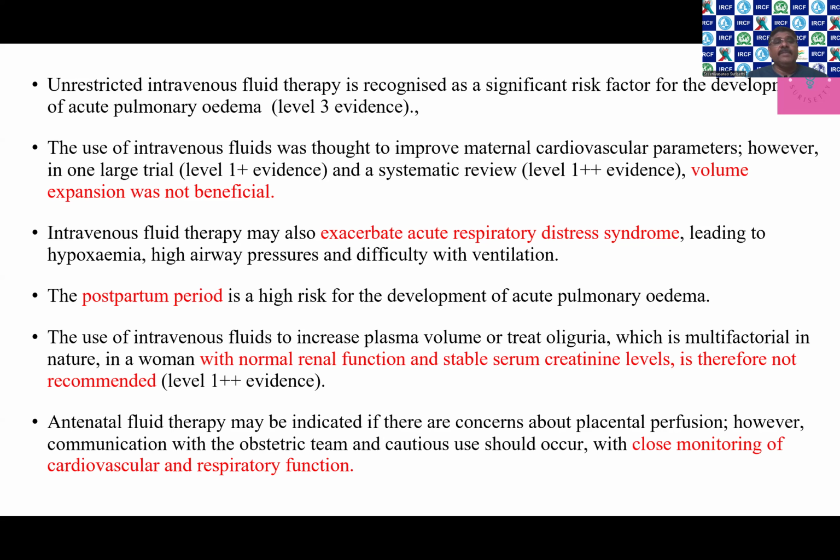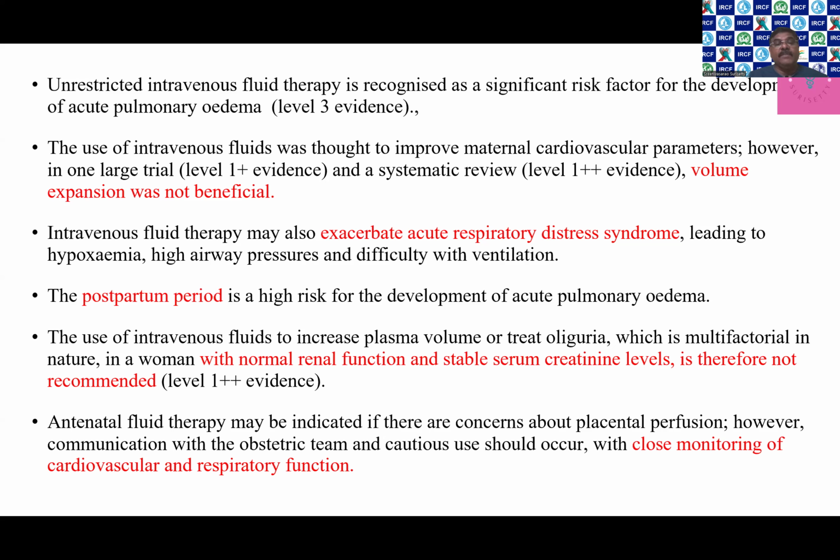Moreover, intravenous fluid therapy may also exacerbate acute respiratory distress syndrome, leading to hypoxia, high pressures and difficulty with ventilation. The postpartum period is high risk for the development of acute pulmonary edema if you use unrestricted intravenous fluids.